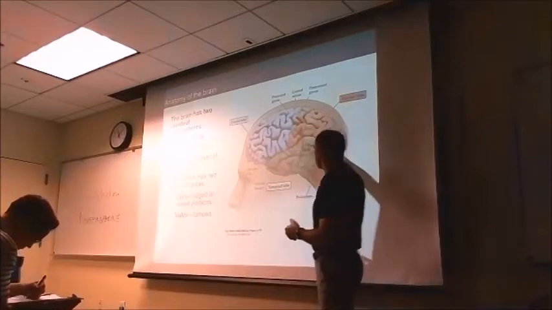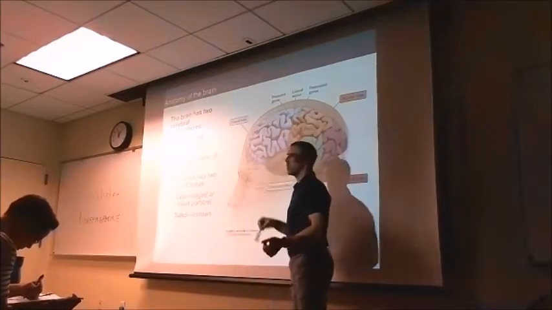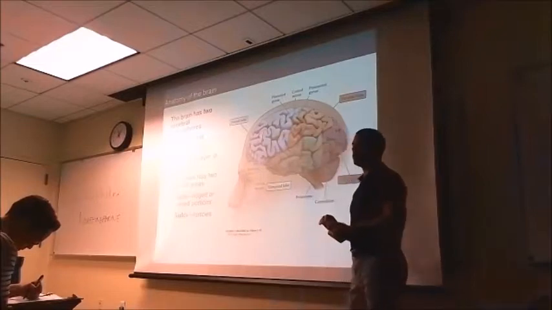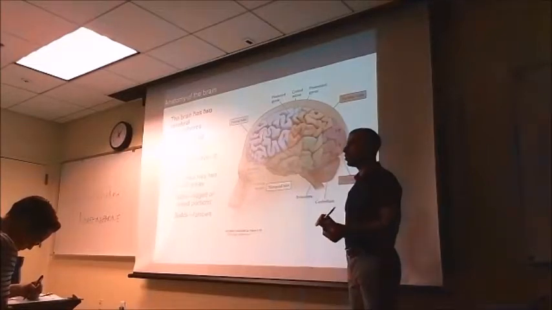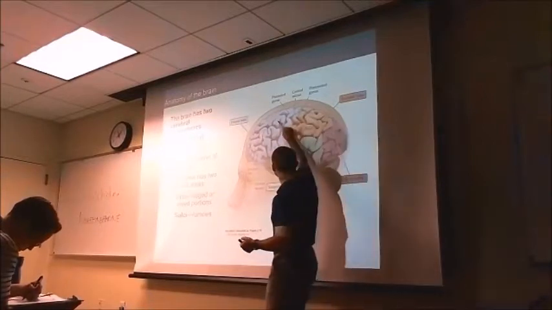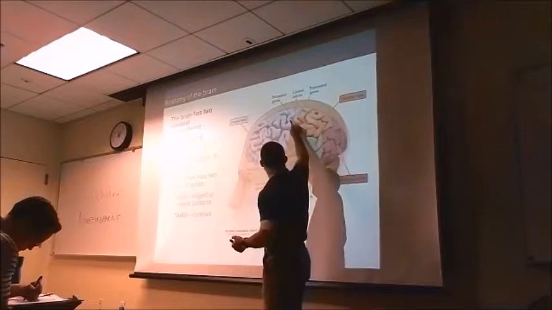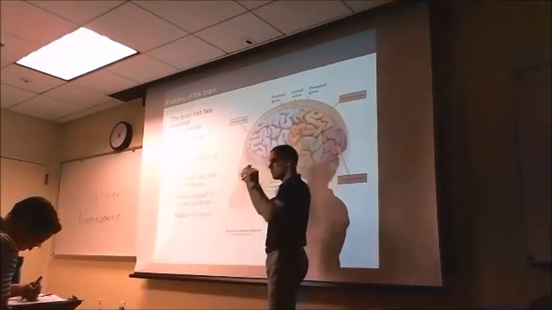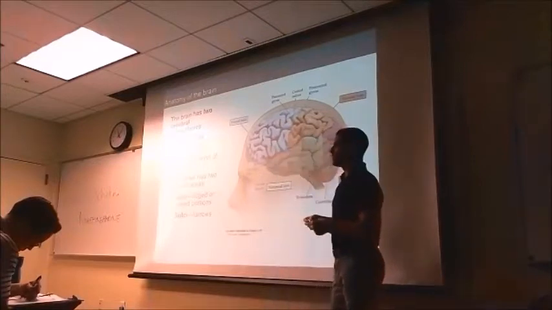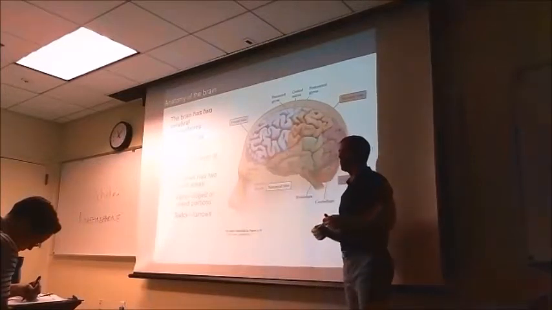And they're going to have lots of folds. Those folds are basically called gyri. A single fold is called a gyrus. Now, when you have a fold like this, there are also these valleys. The valleys are called sulci.